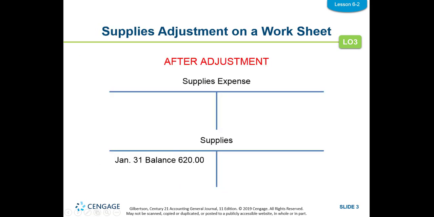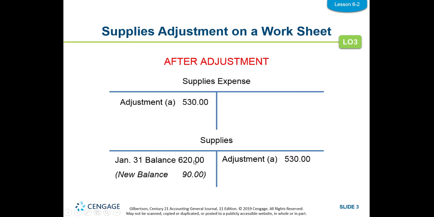So what we have to do is take a look at adjusting supplies. Throughout the fiscal period, when we buy supplies, we record it as a debit to our asset account, and we either credit our accounts payable or credit cash. So on January 31st, at the end of the month, we have a balance of 620 supplies.